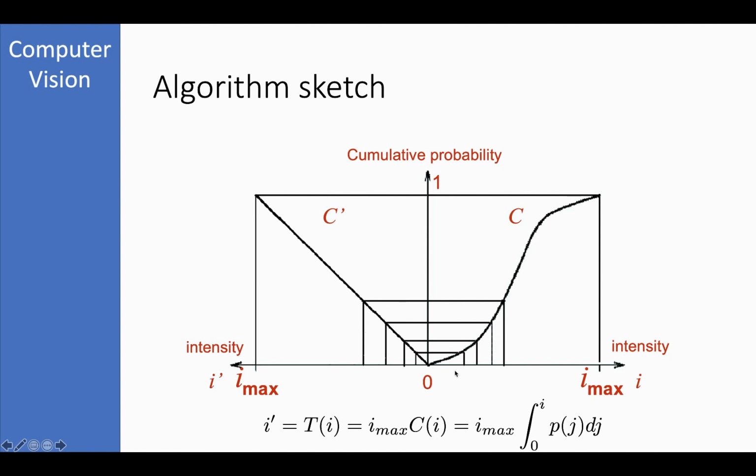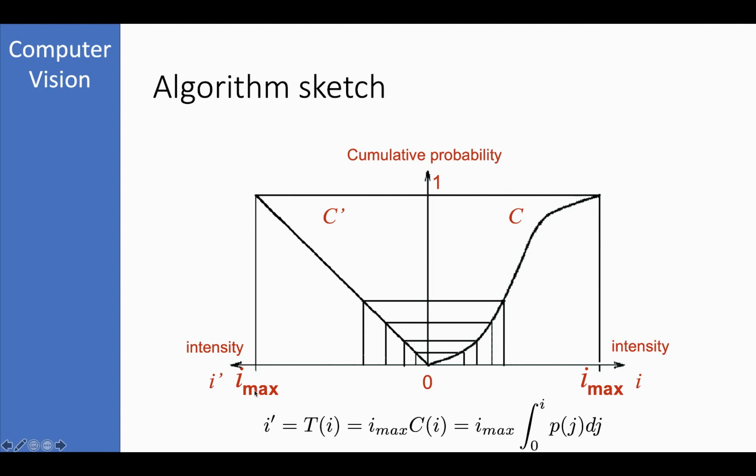So you can imagine that using the cumulative distribution function, I simply map the intensity values here to the intensity values right here. So for any intensity, I compute the cumulative distribution function of it, or cumulative histogram of it, and simply multiply it with the I max to keep the range from the minimum to maximum in the new image as well, and use that value as the new intensity. The mapping itself looks something like this.